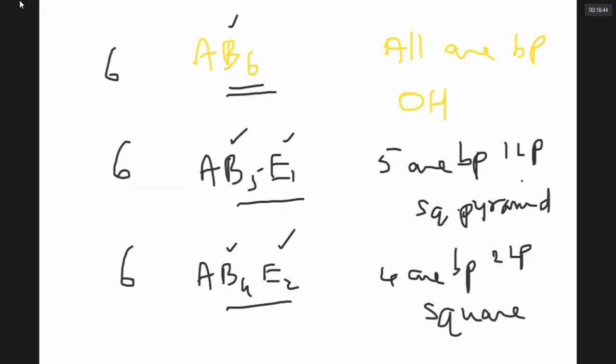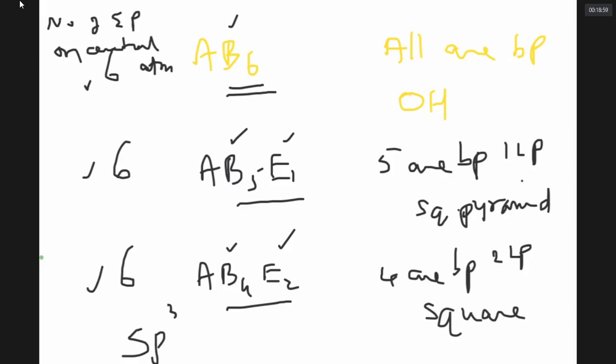But the number of electron pairs on the central atom is only 6. If the electron pairs on the central atom are 6, the hybridized state must be sp3d2, because sp3d2 hybrid orbitals are 6. Are we very clear?